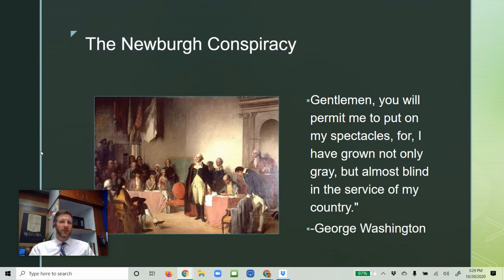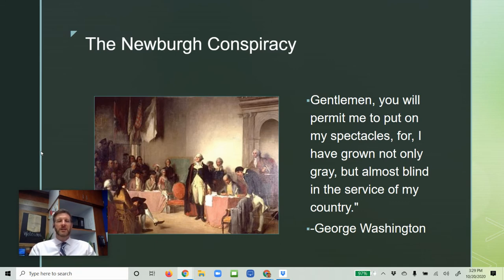This is a famous moment where he went to make his appeal before the officers to stand down. And it wasn't so much what he said, but it was said that this moment where he stood before them and he went to read what he'd written, he had all of a sudden pull out glasses because his vision was failing with his age.